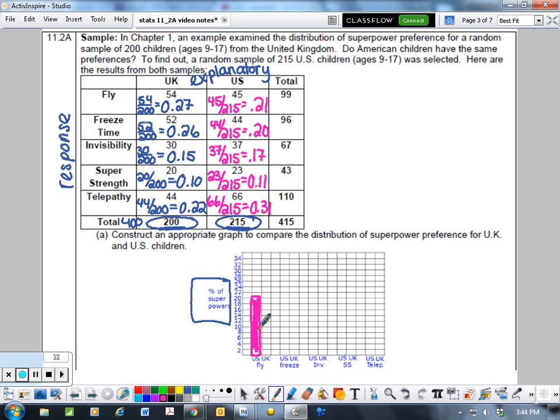I'm going to do all the US's first so I can use my same color. And then we had 20%. And then we had 17%. And then we had 11%.